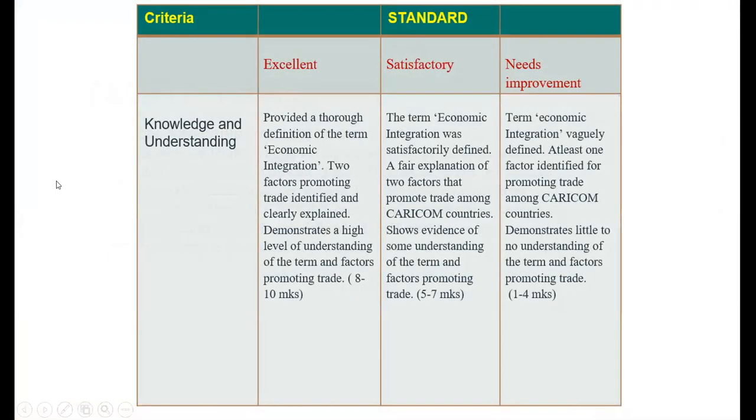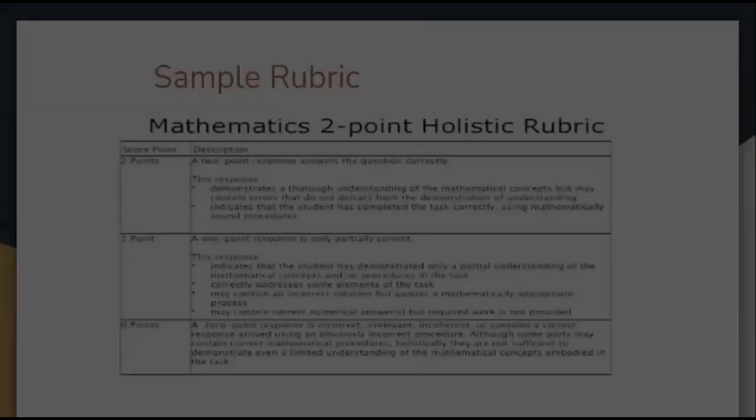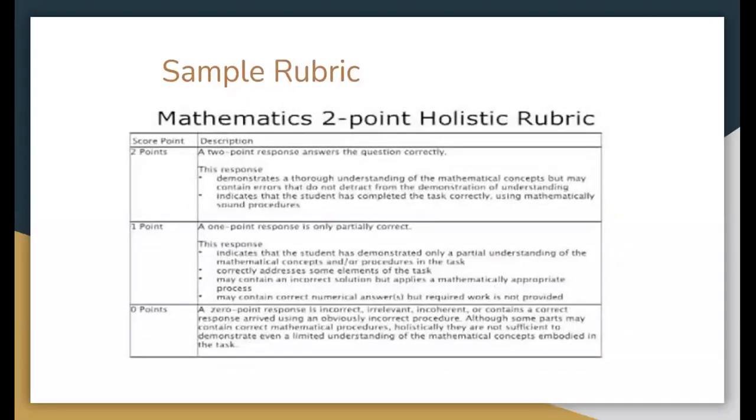I can't make it out. You can increase it at the top, you know.